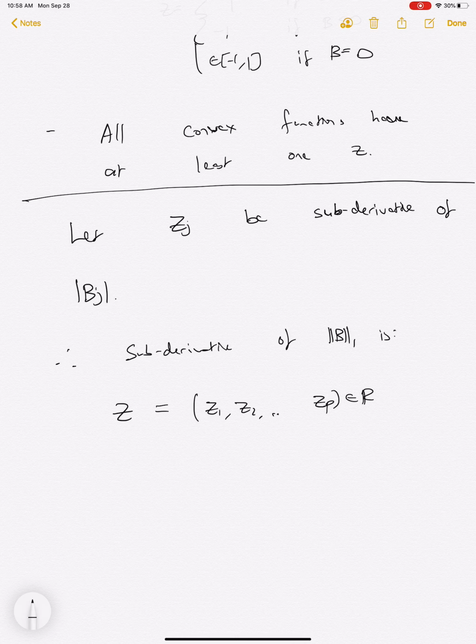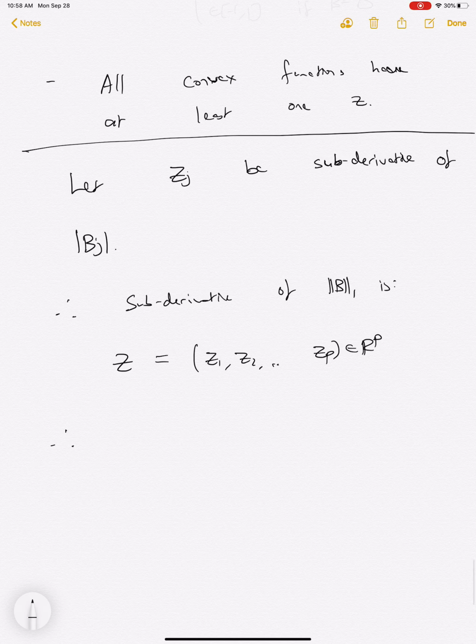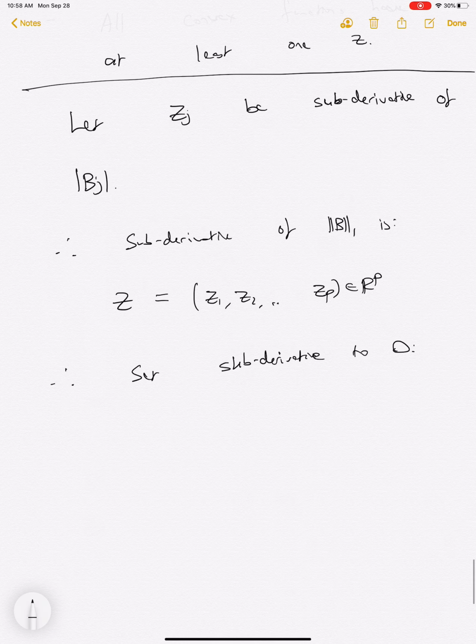So this is in R to the p. We're going to see how that's useful shortly. Therefore, we don't have a gradient for the L1 norm, but we do have a subgradient, so we can set the subderivative to 0. Again, this is potentially quite new for a lot of you, and you don't need to understand this completely rigorously, but we're going to see how this is useful for solving the lasso.